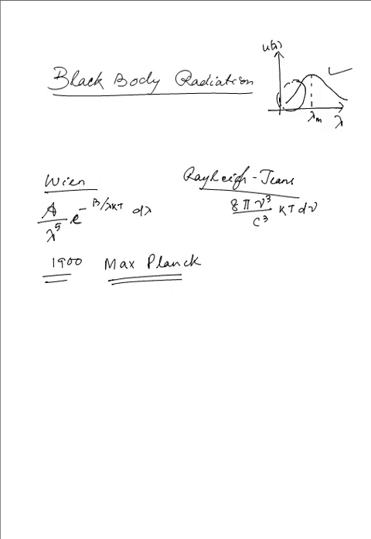That empirical formula being simply u in the range nu to nu plus d nu equal to some constant a times nu cubed divided by e, that is the exponential term, minus b nu divided by kT.